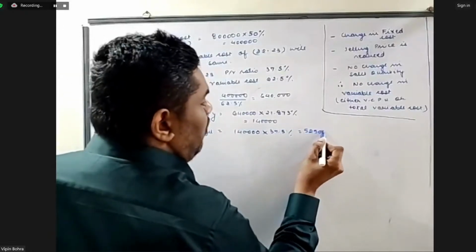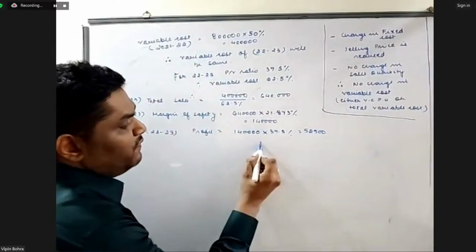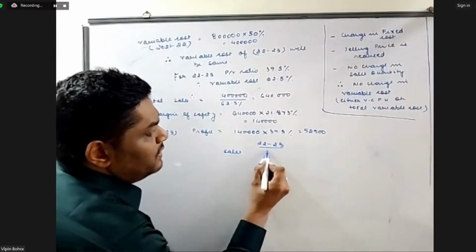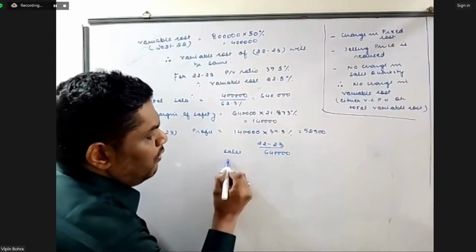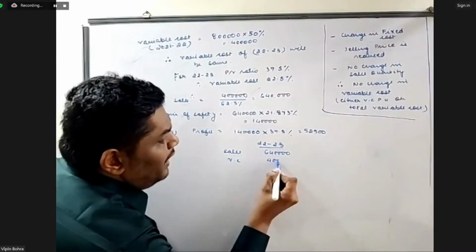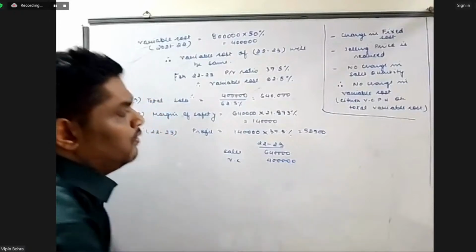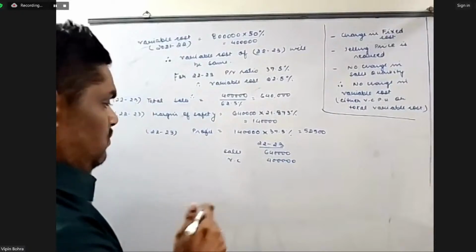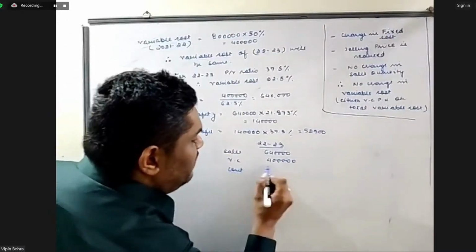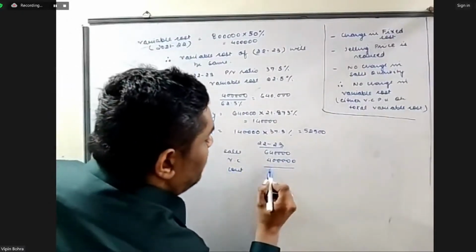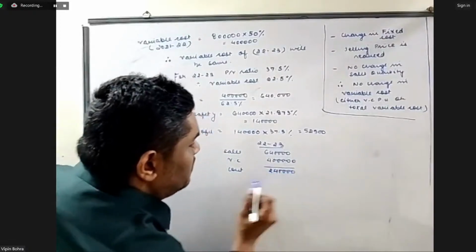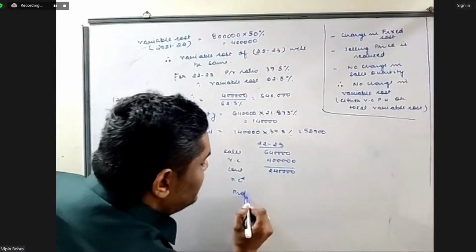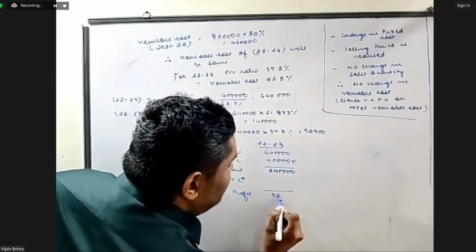So my profit will be 52,500. Now we can prepare the master chart for 22-23, wherein my sales is 640, my variable cost is 4 lakh, my contribution will be 2,40,000. My fixed cost will be my balancing figure. My profit is already calculated, that is 52,500.